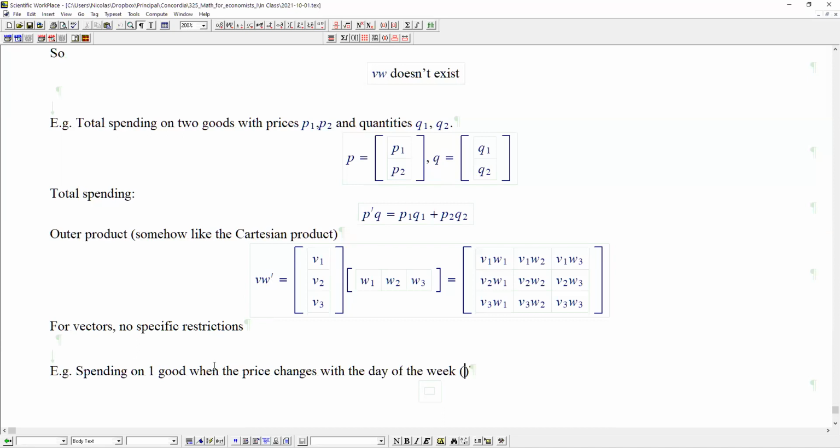So let's say I have Monday price, Wednesday price. I'm not going to put 7 because it's long. And Friday price. Let's say I just go to the market 3 times.